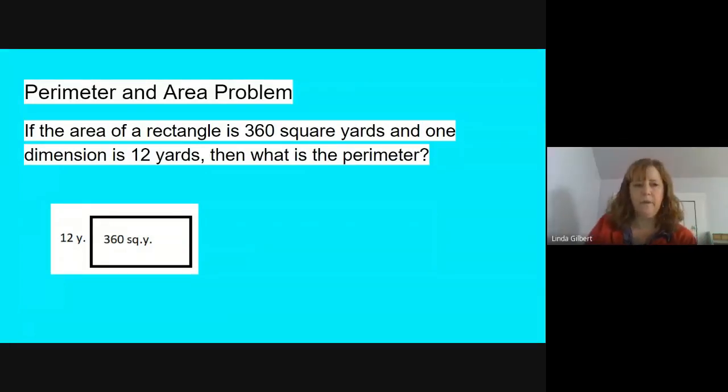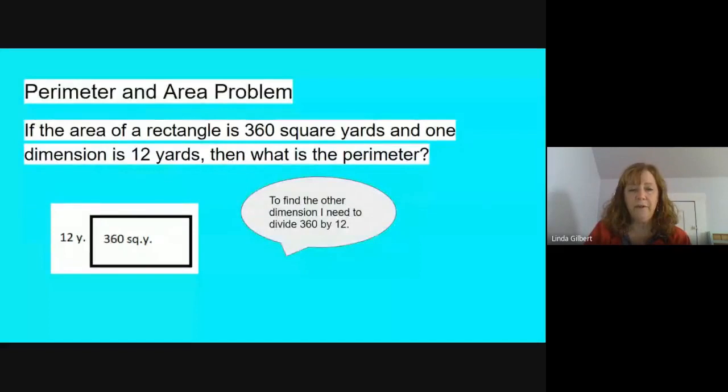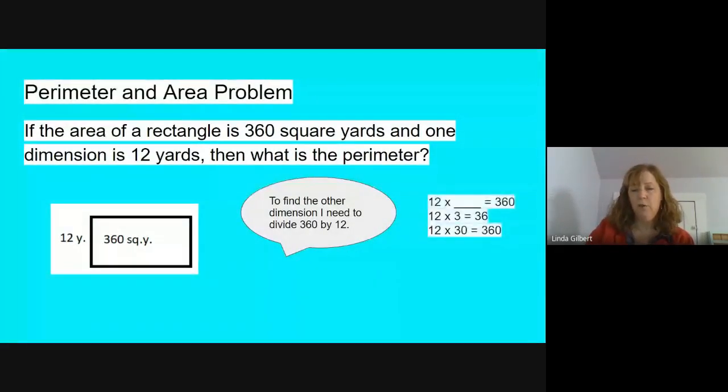Okay, so to find the other dimension, I would need to divide 360 by 12. So if I think 12 times something equals 360, I know 12 times 3 is 36. So if I shove that over in place value, I'd need to do 12 times 30 is 360.